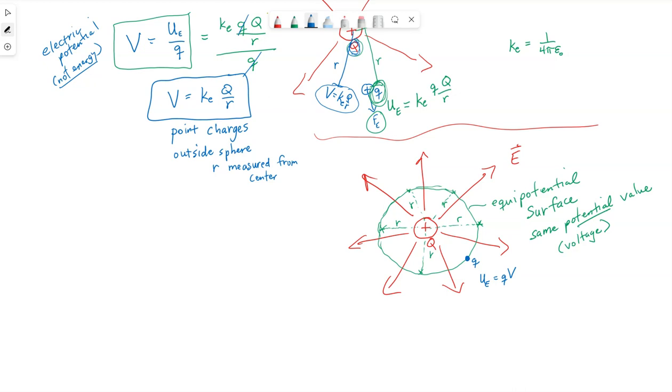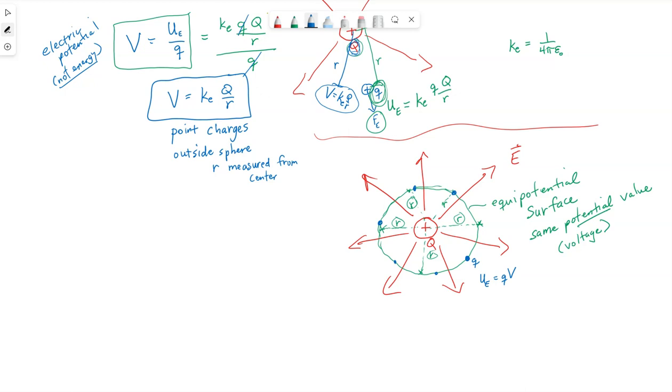In the case of this capital Q in the middle, we're just saying the same distance away in any direction is going to have this same effect on space, essentially, the same voltage value. So my little Q can be placed anywhere on this surface, and it will have the same amount of potential energy because of capital Q.